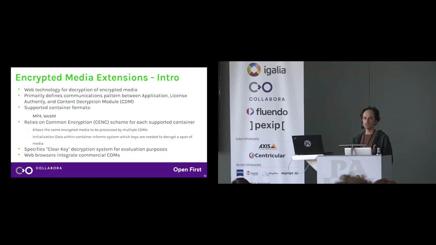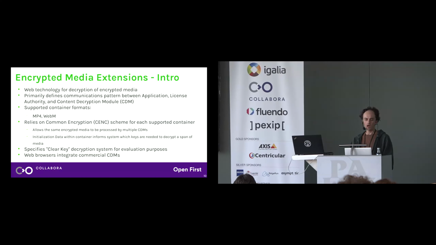The specification itself, if you haven't seen it before, basically defines how the main components should talk to each other and what their roles are. The application is what is producing the content and intending to play it on the screen.